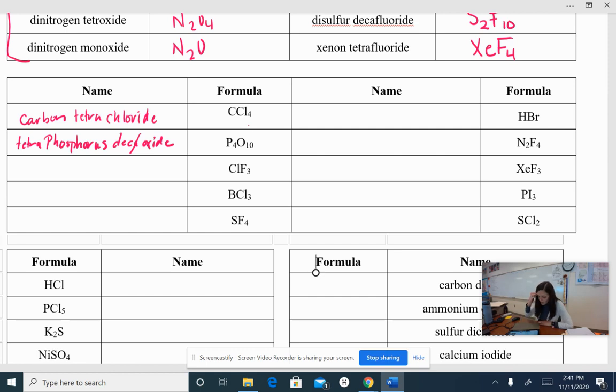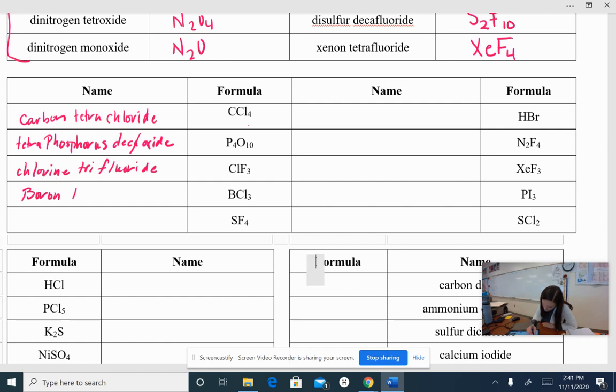All right, we got 1 chlorine, so chlorine. And I've got 3, so 3 is tri, and this is fluorine, so fluoride. Chlorine trifluoride. Okay, B, boron.